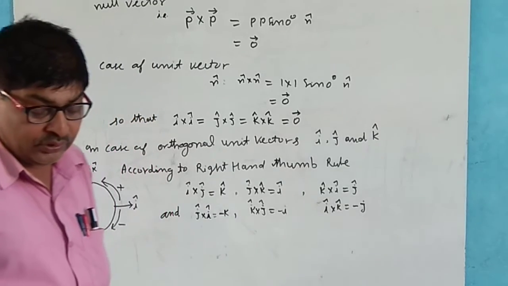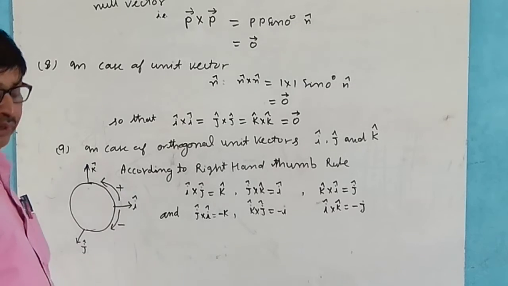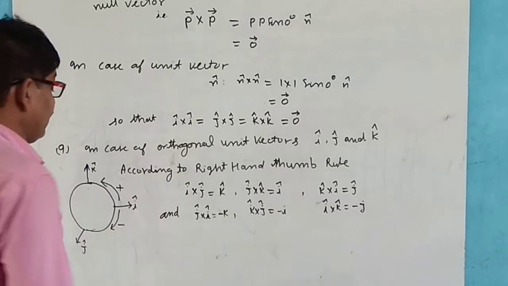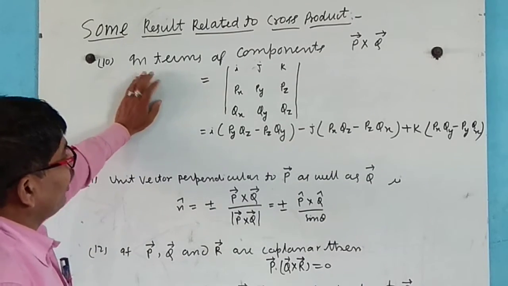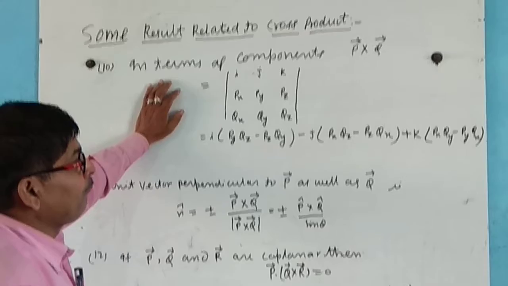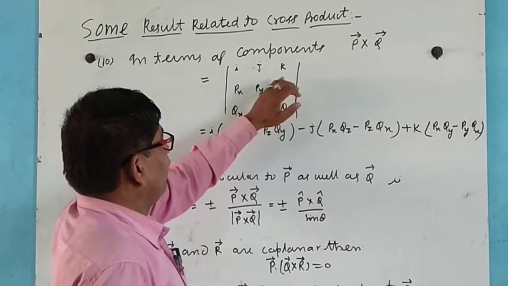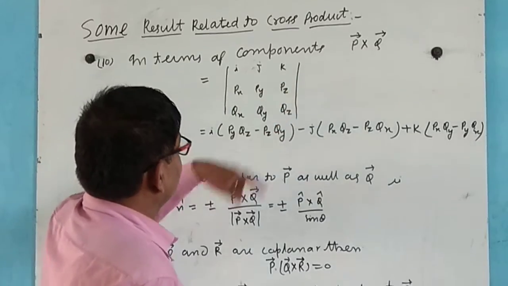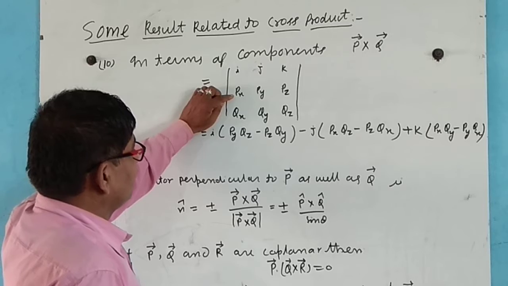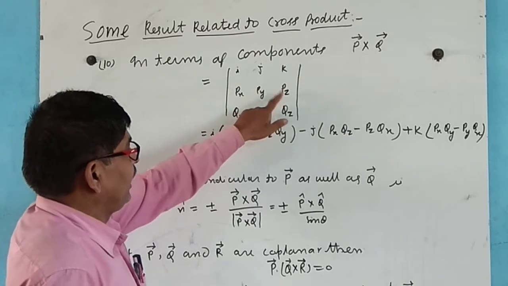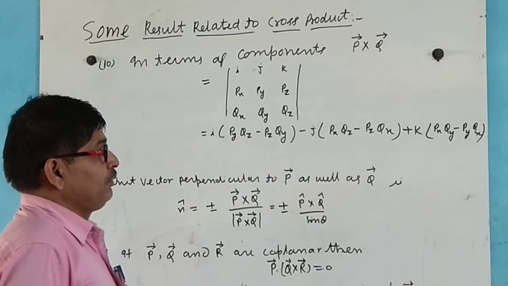Now we discuss P cross Q in terms of components, i, j and k. Here we have Px, Py and Pz, and Qx, Qy and Qz.